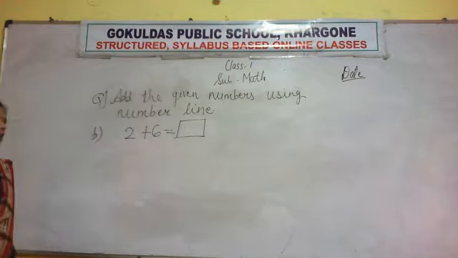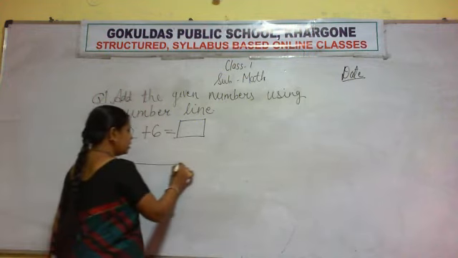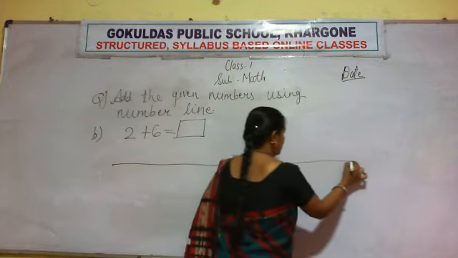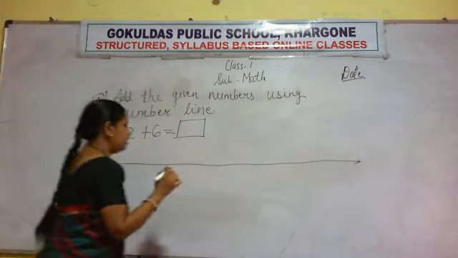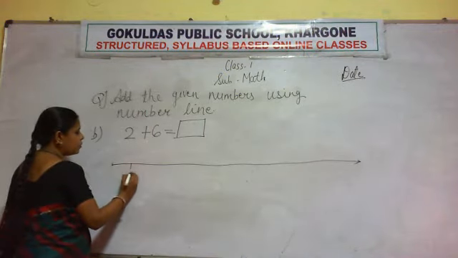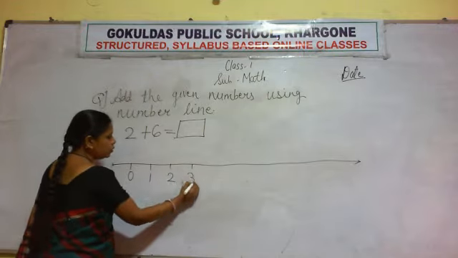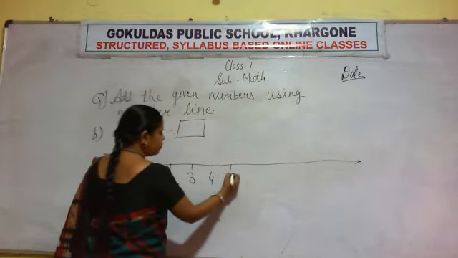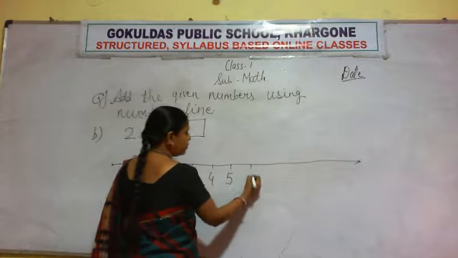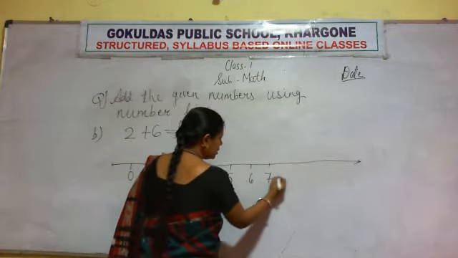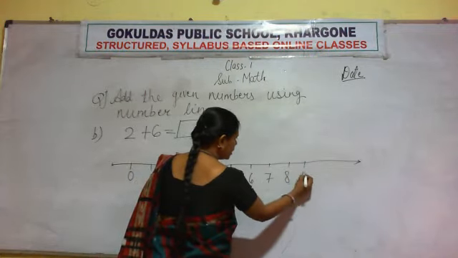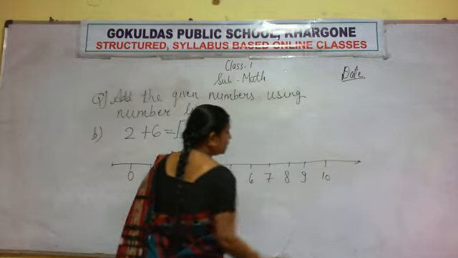Okay, again draw a number line. Start writing numbers 0, 1, 2, 3, 4, 5, 6, 7, 8, 9 and 10.